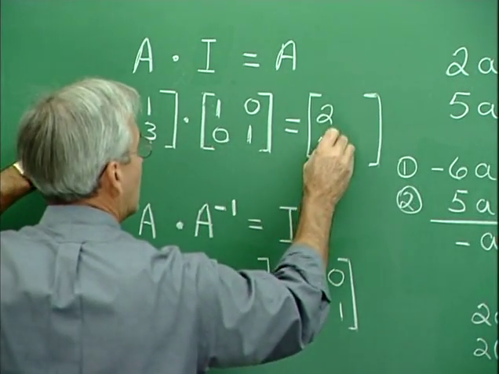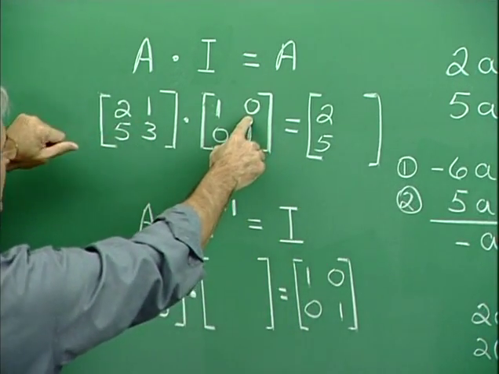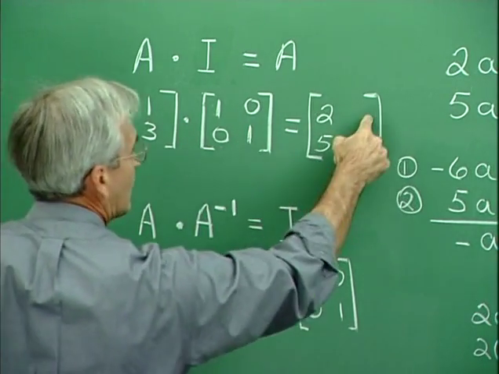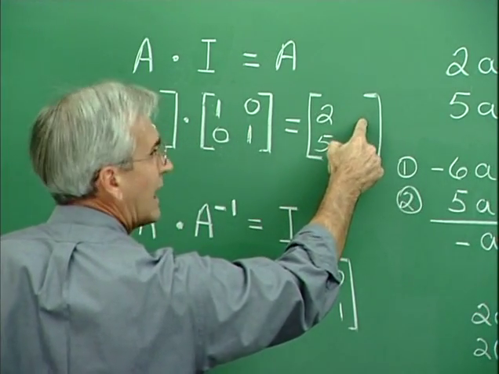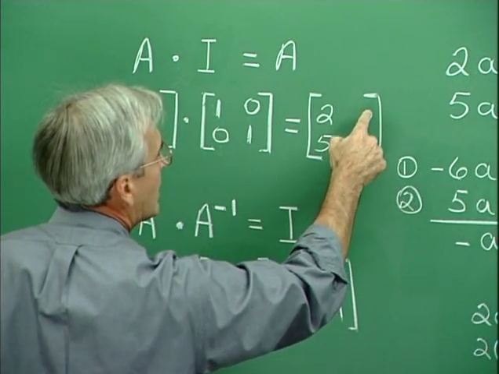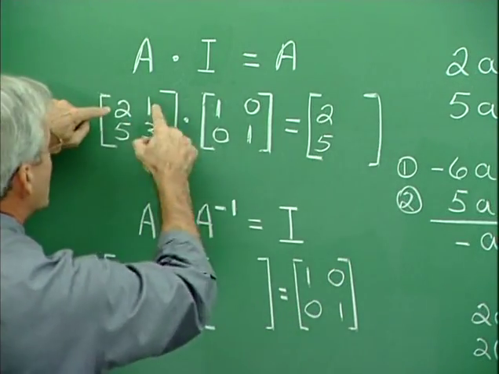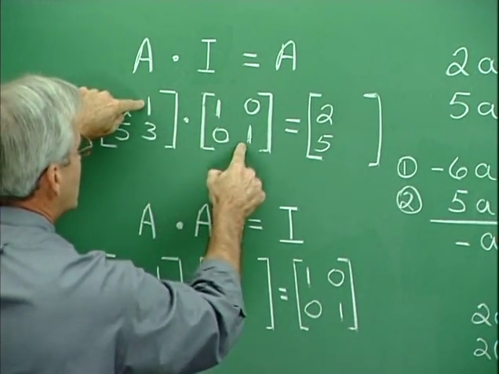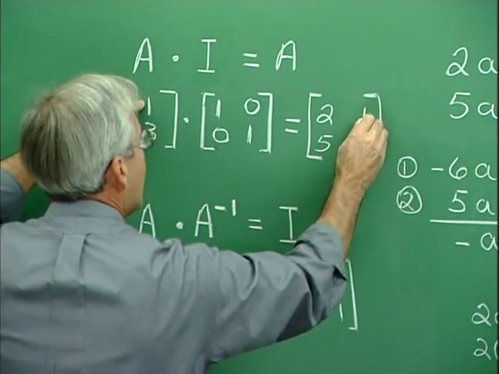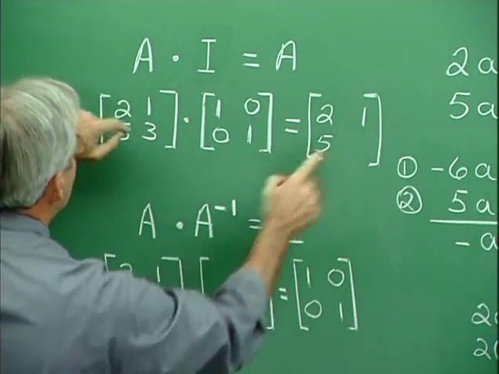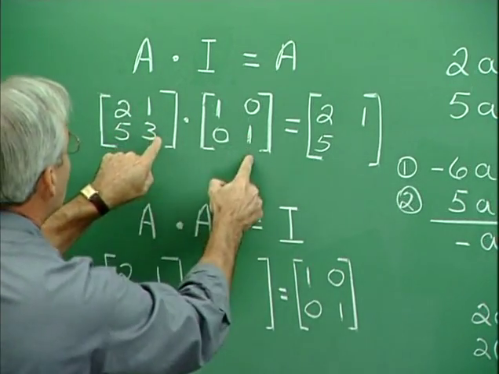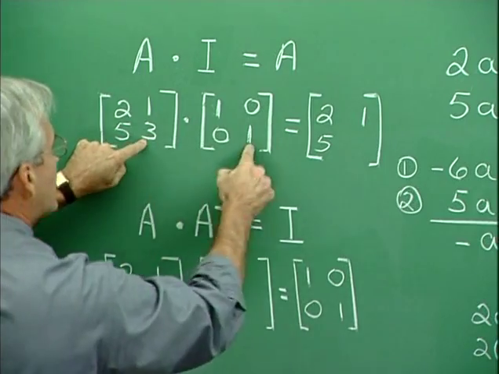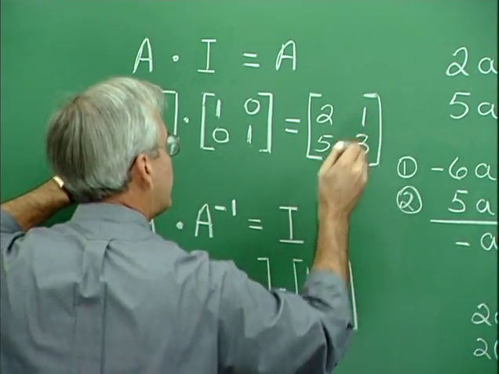That's 5. And then up here, it's the first row, second column. So it's 2 times 0, 0, plus 1 times 1, 1. And then second row, second column, 5 times 0, 0, 3 times 1, 3.